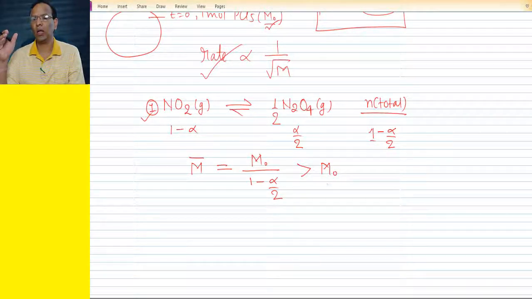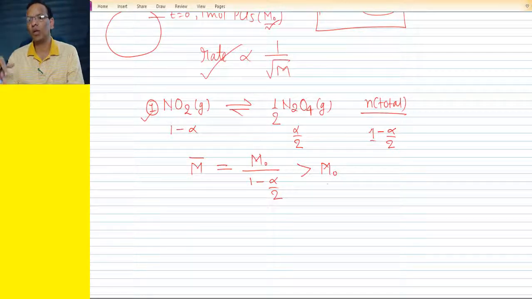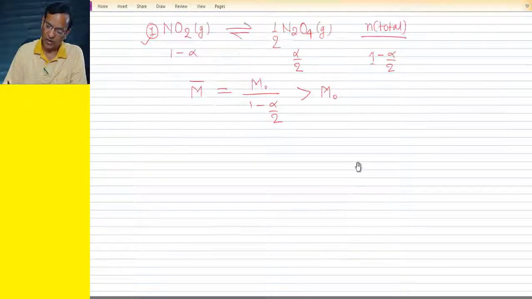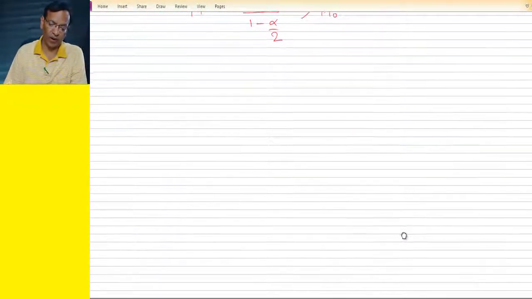Now, how do we account for all these things in carrying out calculations? So let us take a case of effusion through a numerical problem.